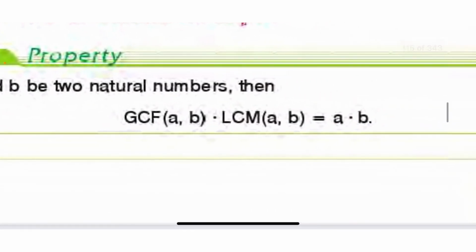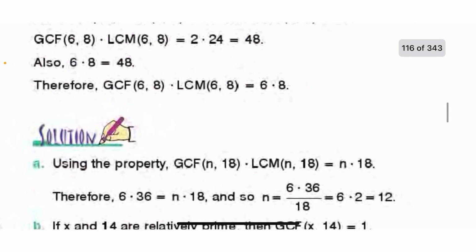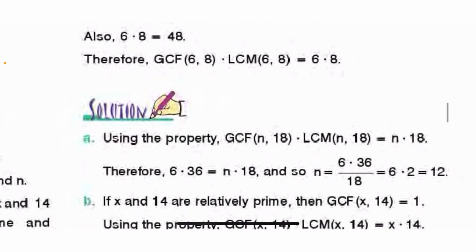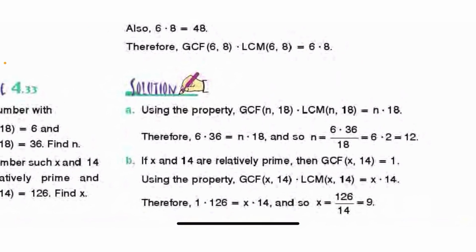It equals the product of A and B, that is, the multiplication of 6 and 8. So 6 multiplied by 8 is also 48. 48 equals 48. Therefore, GCF times LCM equals A multiplied by B, that is, 6 and 8.